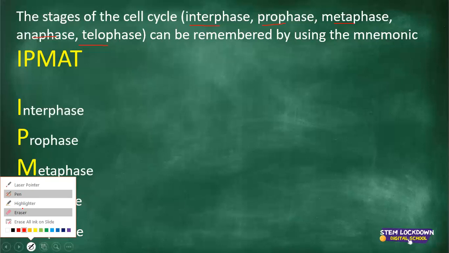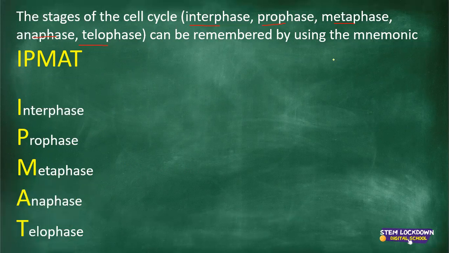But cytokinesis is the last part, and it doesn't fall part of mitosis, but you can add it as well. What is a mnemonic? A mnemonic is how we use words like this to help you remember. The I is for interphase, P is for prophase, M is for metaphase, A is for anaphase, and T is for telophase. So you can use this when you're explaining the cell cycle, and it will help you remember.